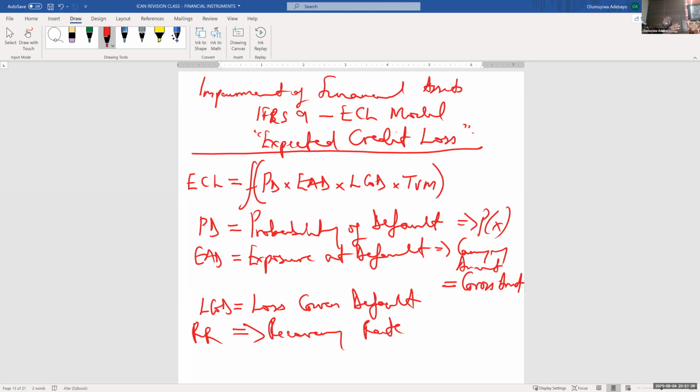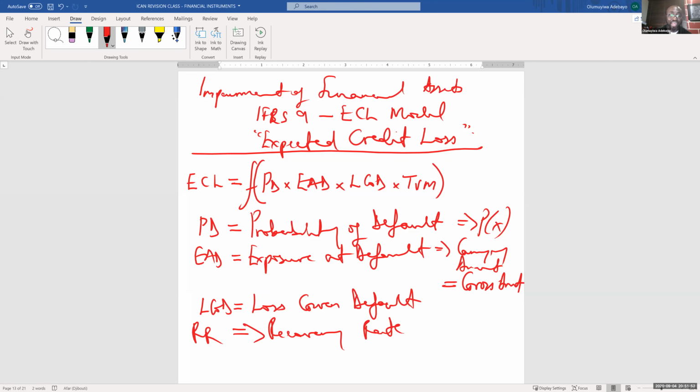This category of asset on average, when 1 million was the value as at the point of default, with my realization of collateral and all sorts of things, I'm only able to get 40% of it, which means out of 1 million, I'm able to salvage 400,000. Which then means that my loss given default is 600,000, which is 60%.